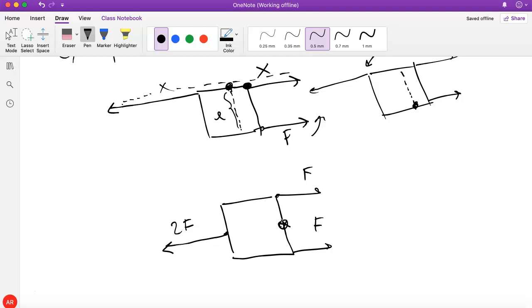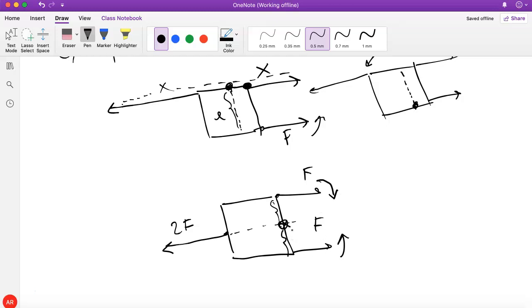Now, if you take, for example, your axis to be here, you see that the 2F doesn't give any torque because it goes through that axis. Around this axis, these two distances are the same. This is going through the middle. This will give me a clockwise torque. This will give me a counterclockwise torque, right?